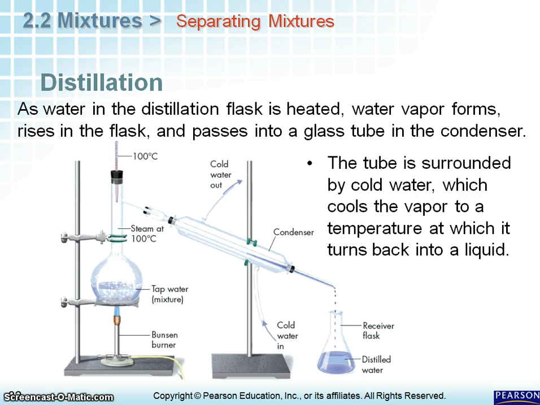As water in the distillation flask is heated, water vapor rises in the flask and passes into a glass tube in the condenser. The tube is surrounded by cold water, which cools the vapor to a temperature at which it turns back into a liquid. So that steam process occurs in here as it's going through the tube.